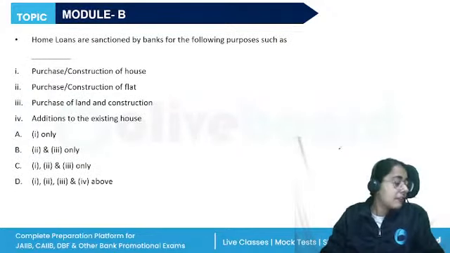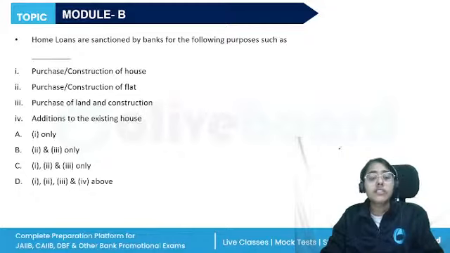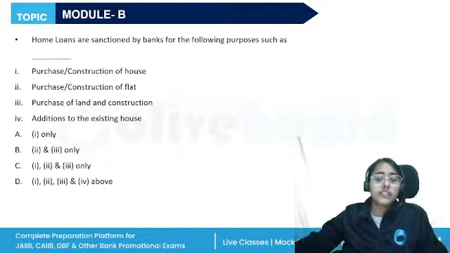Then we have questions from the retail asset side products, in which we have home loans, home decor loans, auto loans, education loans, and personal loans. The home loans are sanctioned by the banks for the following purposes: purchase or construction of a house, yes. Purchase or construction of a flat, correct.